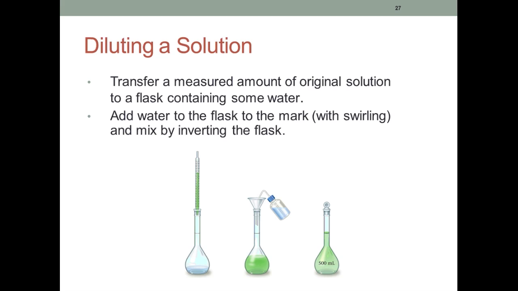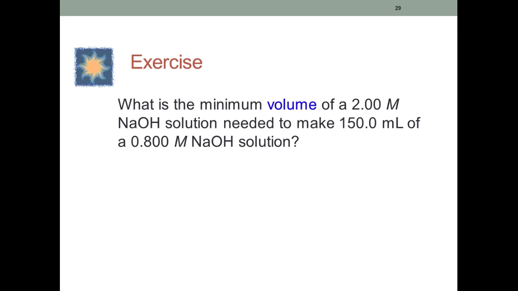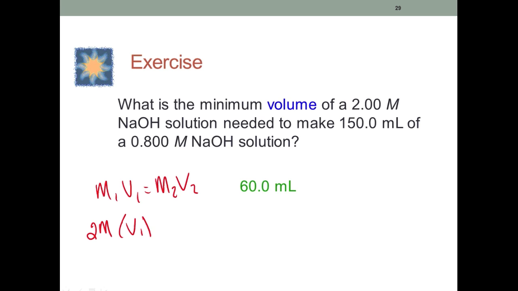Now when you do M1V1, do this question. Use that equation we just talked about. The answer is 0.06 liters or 60 milliliters. So when you set it up as M1V1 equals M2V2, your M1 is 2 molar, and the volume you don't know.